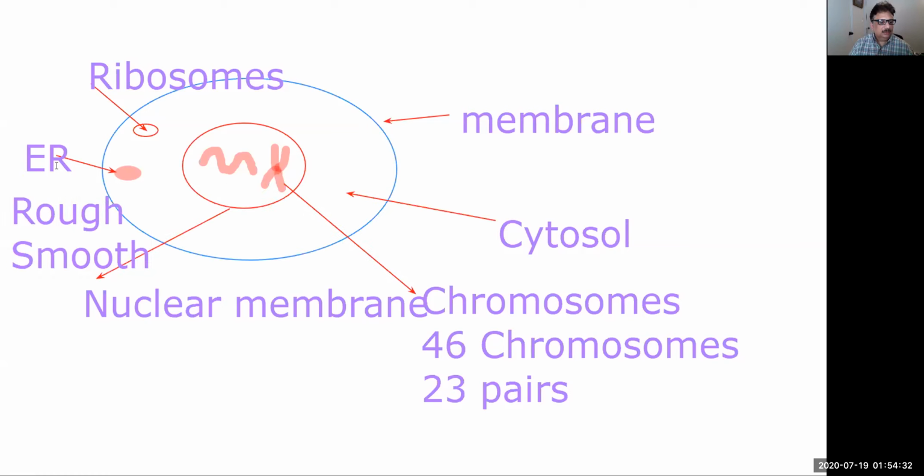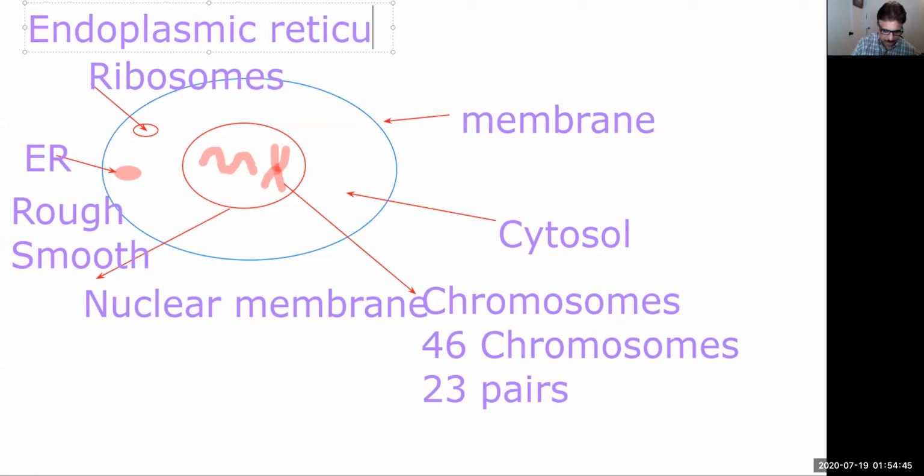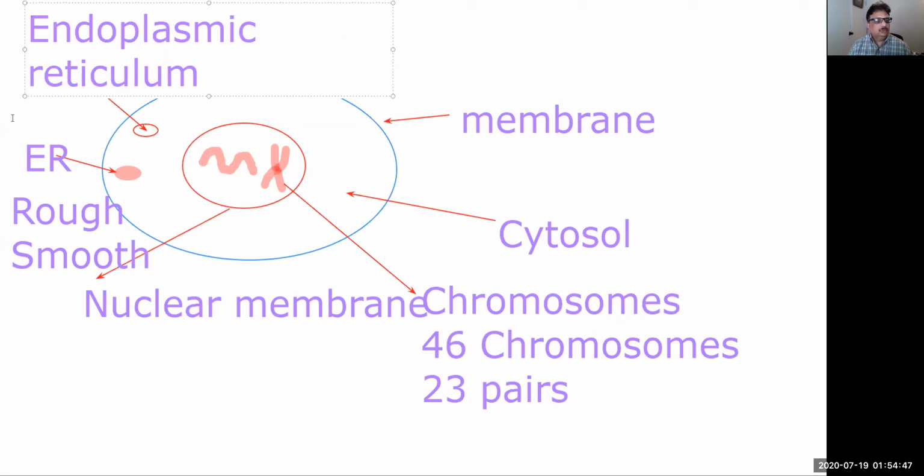ER stands for endoplasmic reticulum. The rough ER is responsible for protein synthesis, and the smooth ER is responsible for lipid biosynthesis. So two kinds of ER.